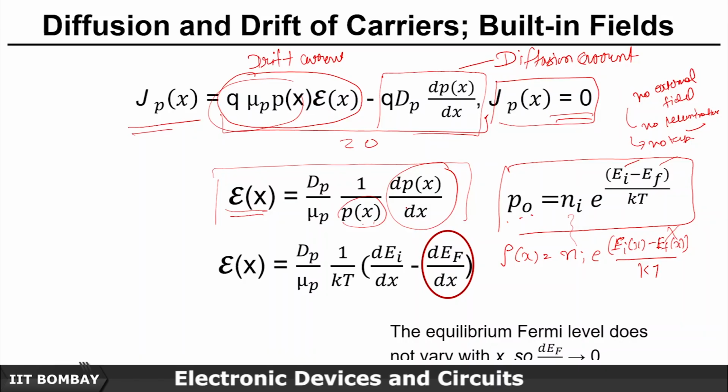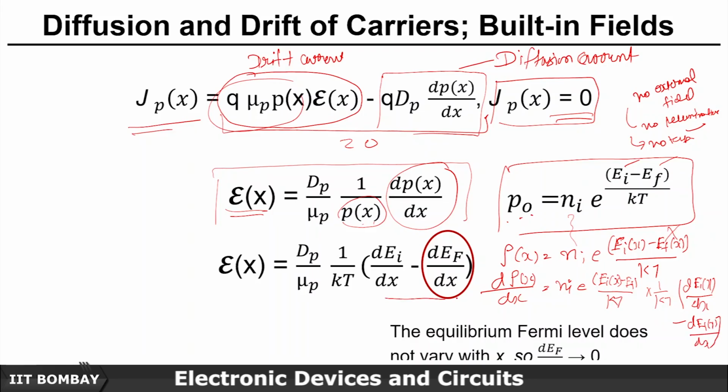Now we have to take a derivative of this. So let's take a derivative of this. The derivative of p(x) with respect to x comes out to be ni e raised to the power (Ei(x) minus Ef) by kT, and the derivative of this comes out to be 1 by kT, times the derivative of Ei(x) with respect to x minus the derivative of Ef(x) with respect to x.